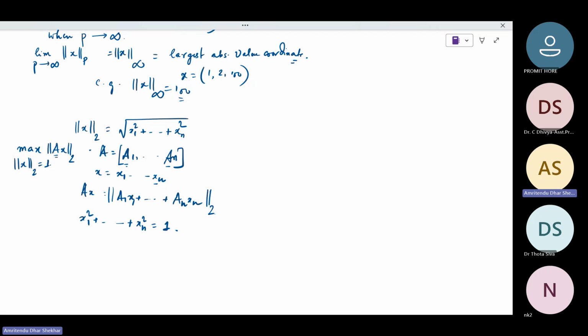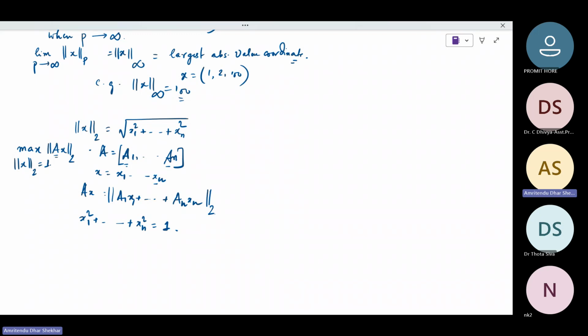In fact, if you ask me what the two norm is, the two norm is actually equal to the largest eigenvalue of A. Okay. This will come later in the course at some point.